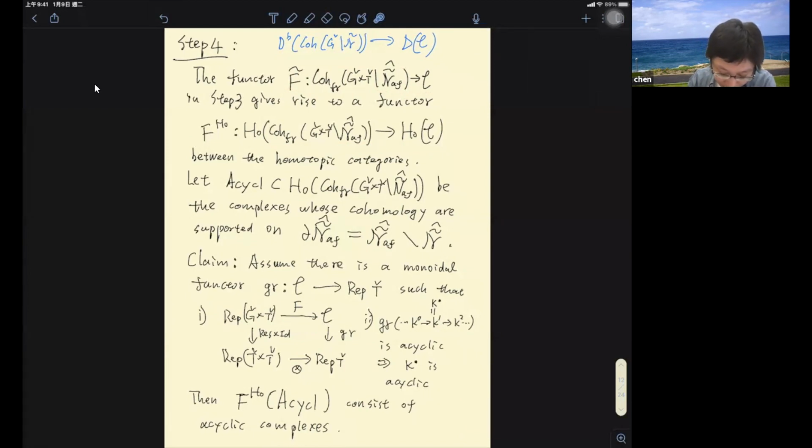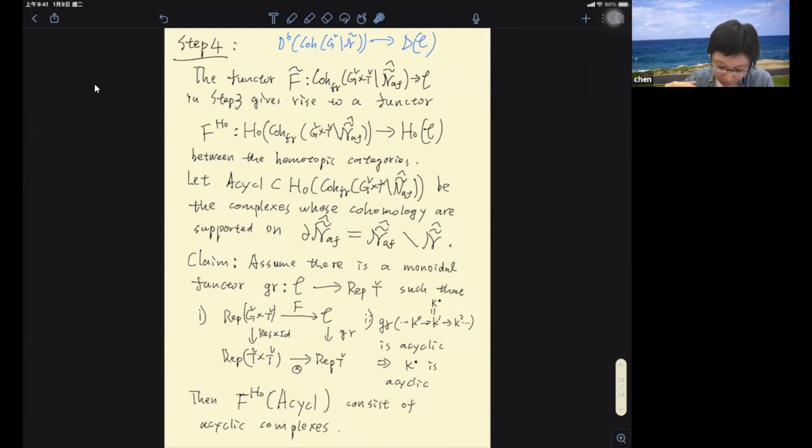Now let's consider this full subcategory of the homotopy category consisting of complexes whose cohomology is supported on the boundary of this affine cone with respect to this T-torsor. Okay, now here's the claim.